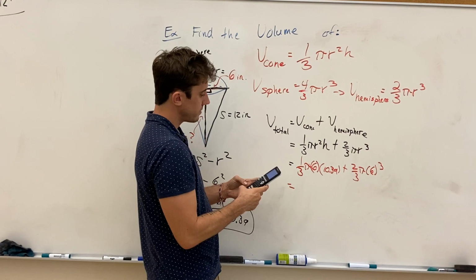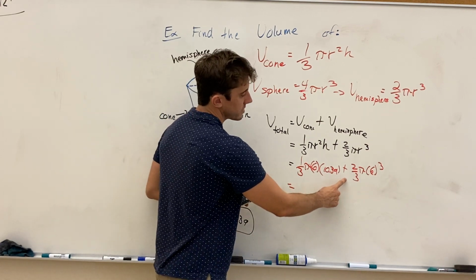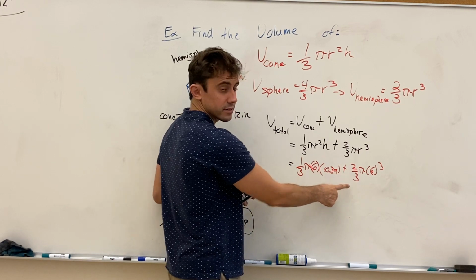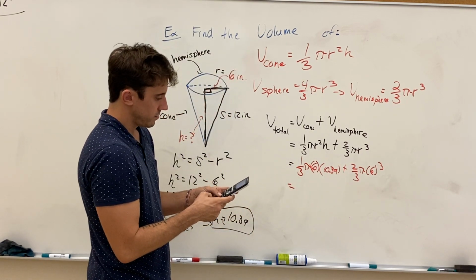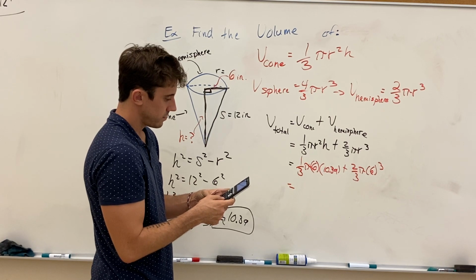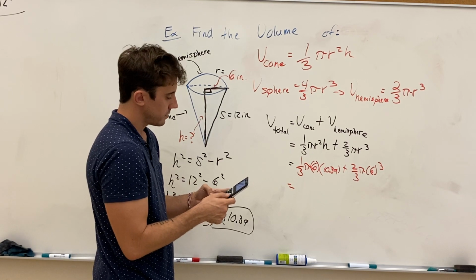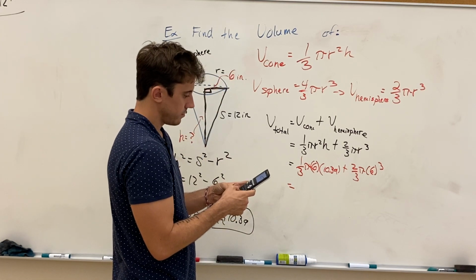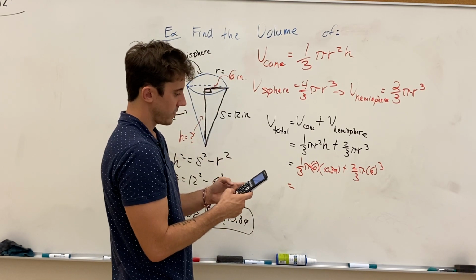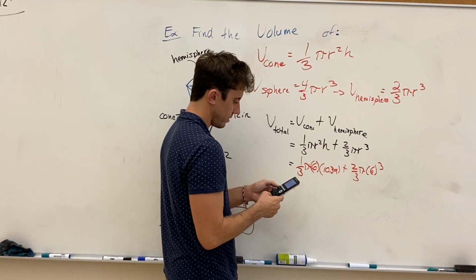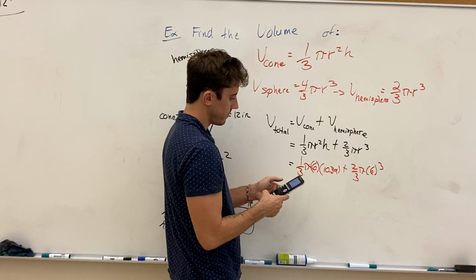And now plus 6 cubed times 2 divided by 3. Now we have pi in both terms, so we're going to multiply by pi.